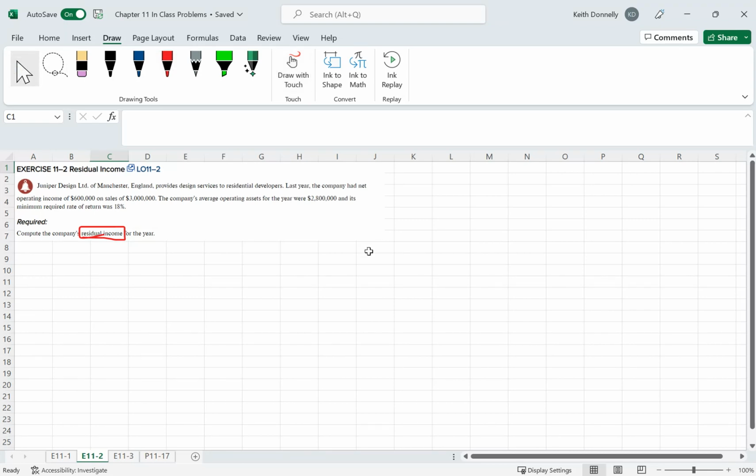Okay? So what we're going to do here to calculate it, the equation for our residual income is going to equal our net operating income minus, in this case, our minimum required rate of return.